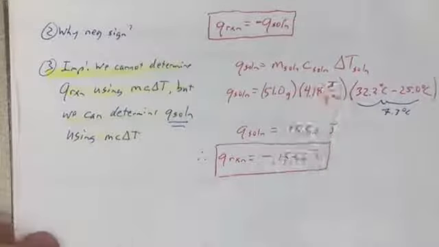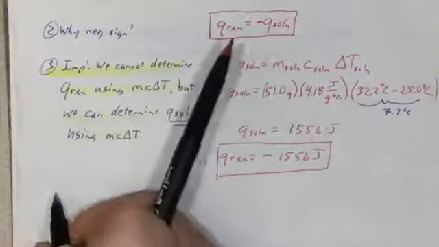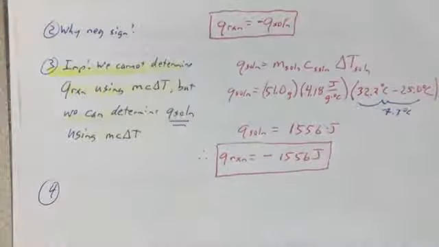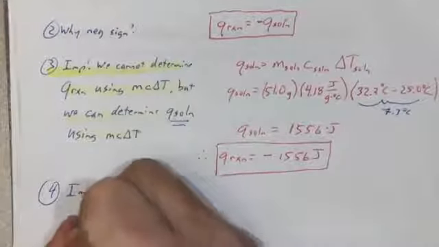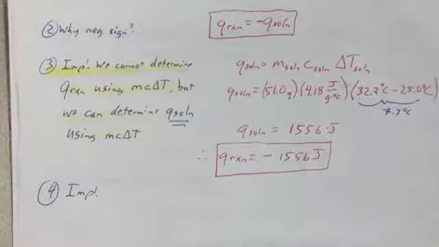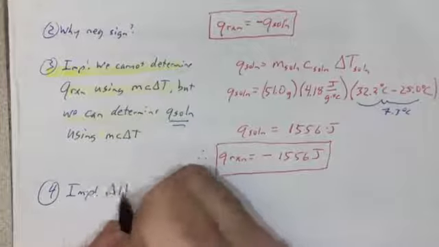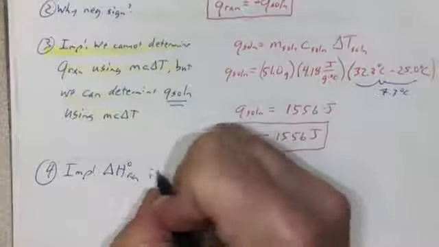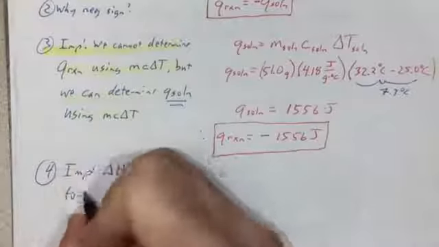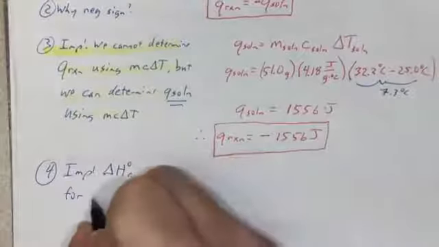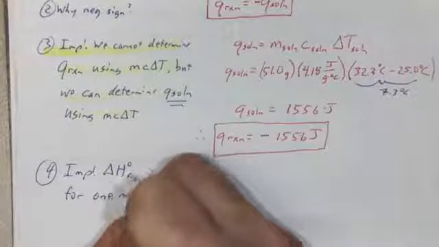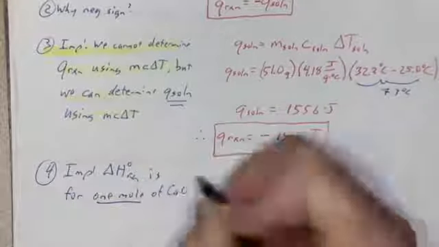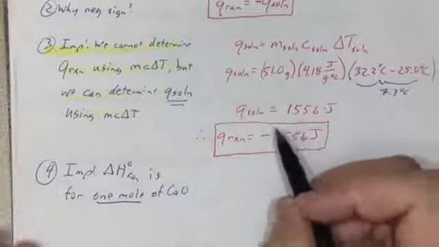So the next bullet point, point number 4, and this is also an important point. I'm going to highlight this. And that is that the delta H0 for the reaction is for 1 mole. This is what we're looking for. This is for 1 mole of calcium oxide. Now, do we have 1 mole? No, we had 2 grams.